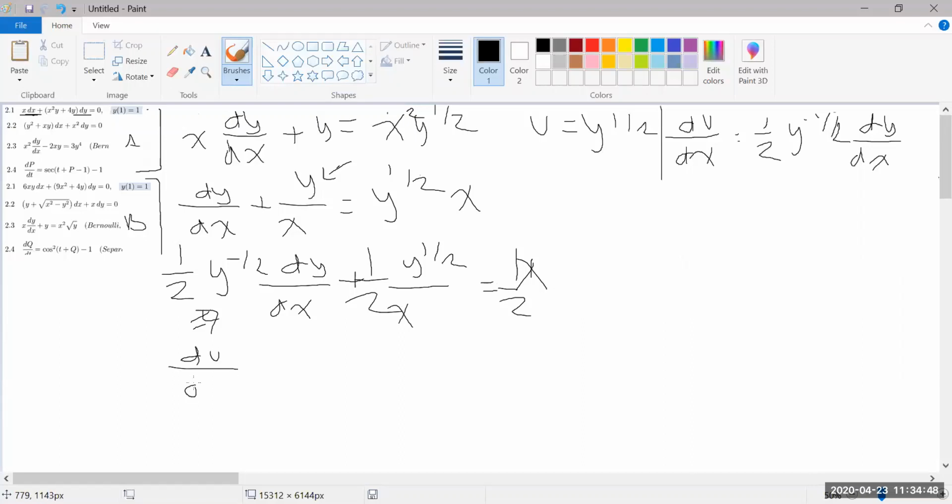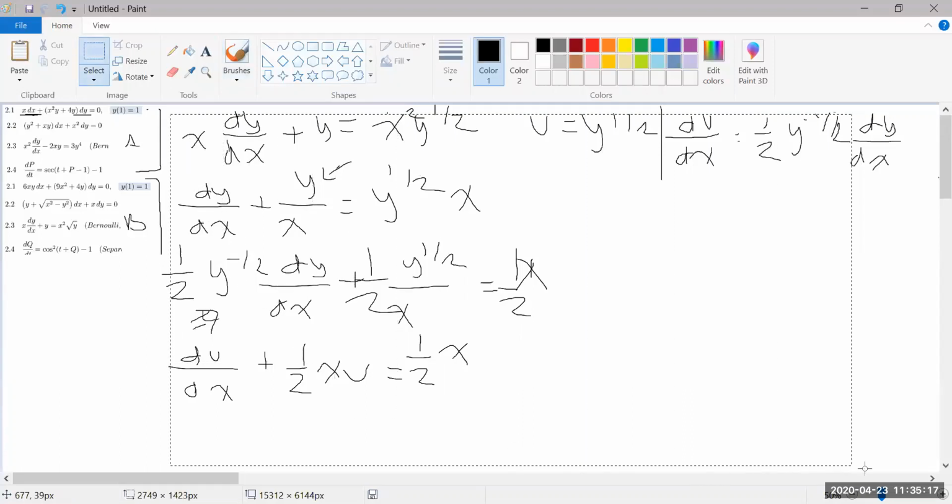We have our du dx plus 1/2 x times our u, which is just y to the 1/2, and then equals 1/2 x. Okay, and that is the Bernoulli transformation of this. Woohoo! Okay, we can start on the next one.